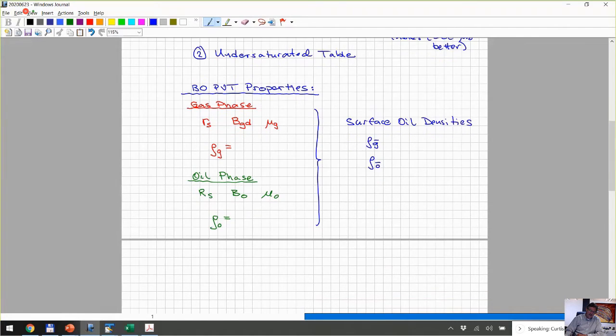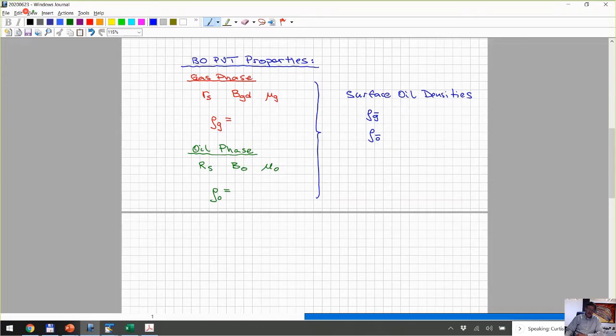But if we first look at the properties themselves that make up a Blackoil PVT table, for the gas phase, it's the solution oil gas ratio, solution CGR, little rs. It's this BGD that takes into account the fact that the Bg is a ratio of reservoir gas volume to the actual surface product gas volume, and then the gas phase viscosity.